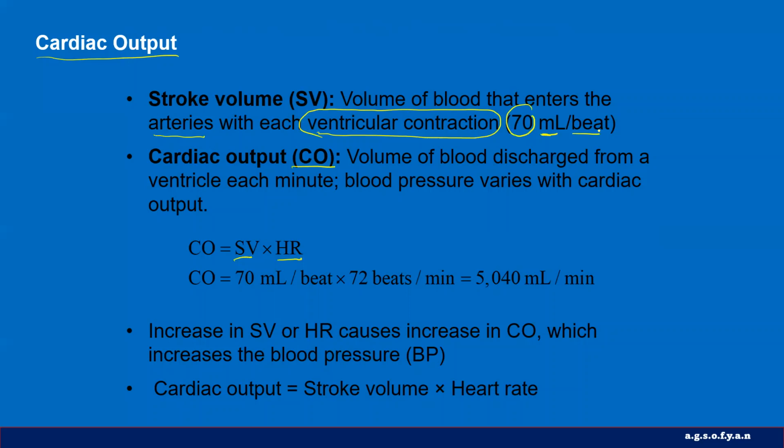So every beat, 70 milliliters of blood will be pumped from the heart. And then the heart rate for a normal person is around 72 beats per minute. So that's the normal heart rate.